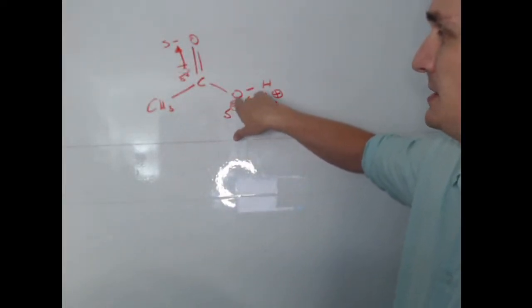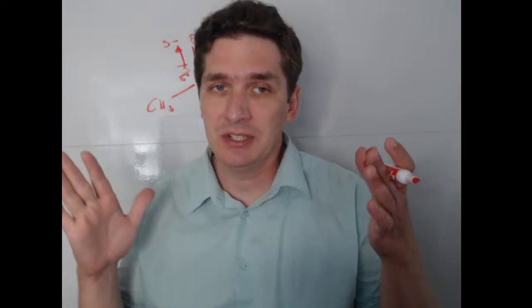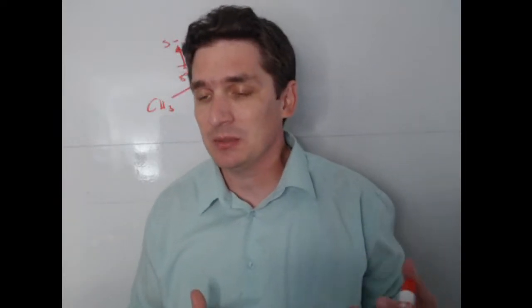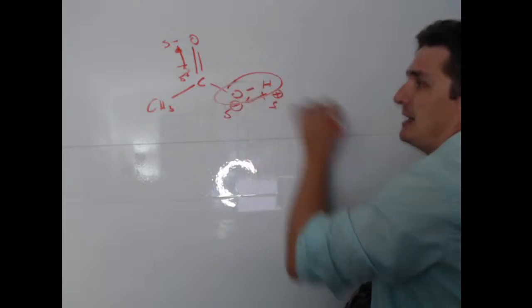The reason why this ends up being protic is because oxygen and hydrogen represent an extreme case of polarity. Oxygen is super electronegative, hydrogen is not. Oxygen is the second most electronegative element of the periodic table.